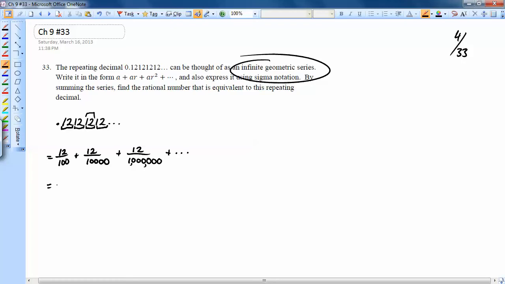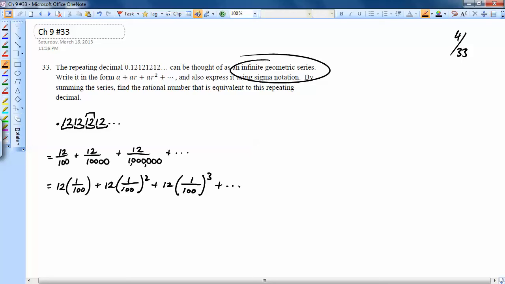Now, if I write this way, 12 times 1/100th plus 12 times... now, 1/100th squared is 1/10,000th. So I can square that now. I've got 12 times 1/100th cubed at this point, and it just keeps going from there.